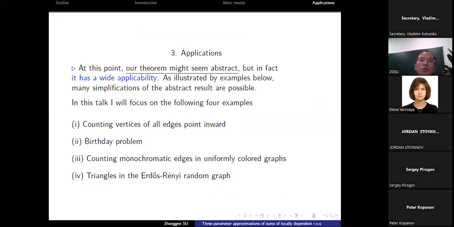Now let's turn to applications. At this point, our theory might seem abstract, but in fact, it has wide applicability. Actually, there are a few applications in different settings, but in the following talk, I only focus on the following 4 examples.